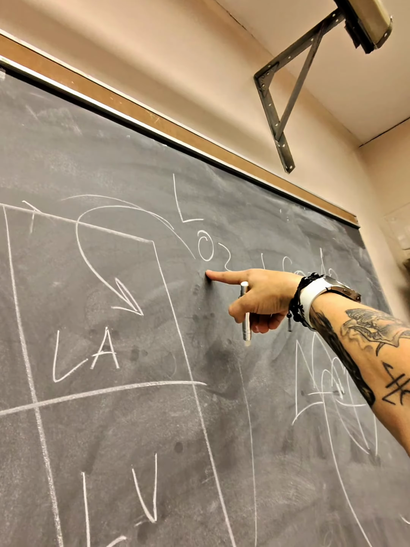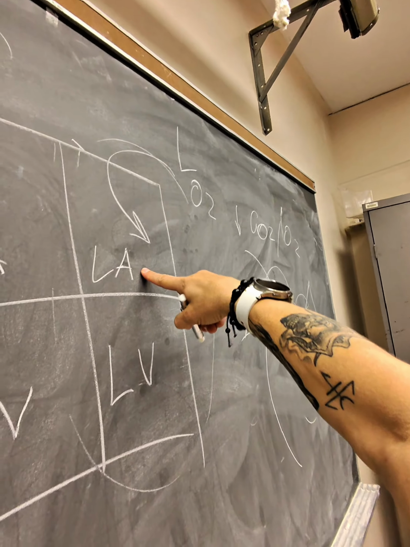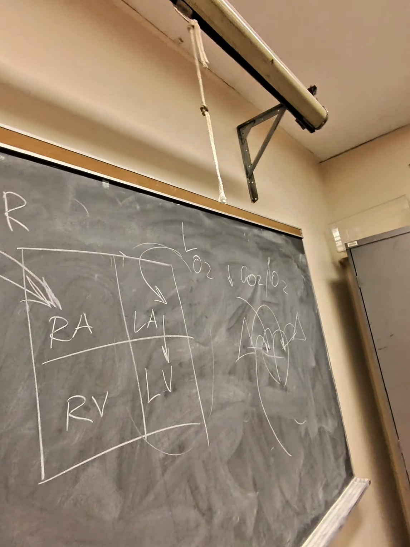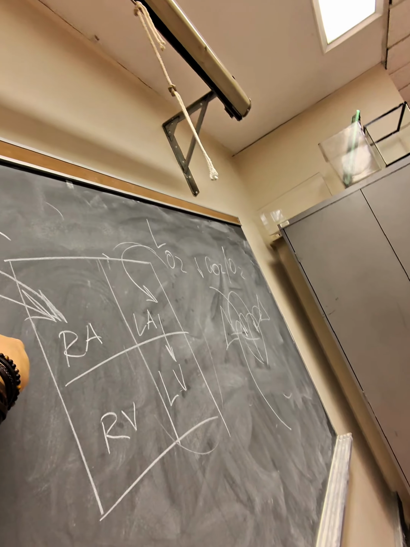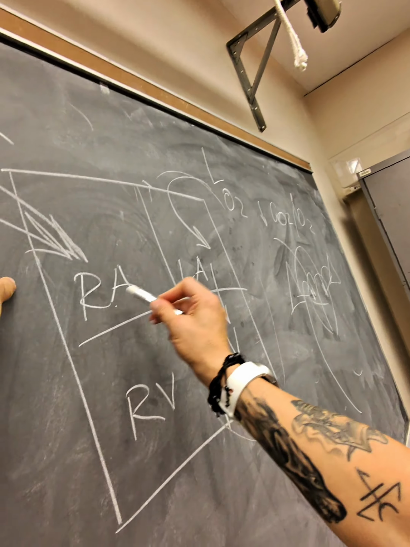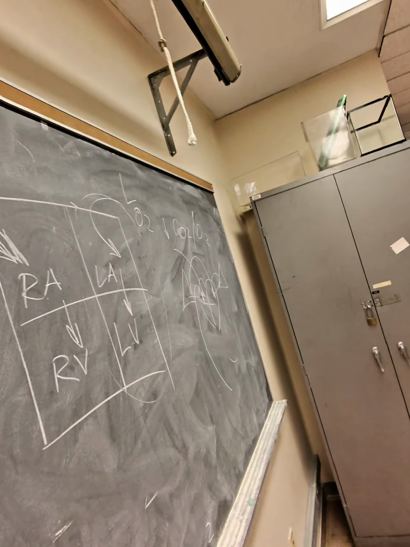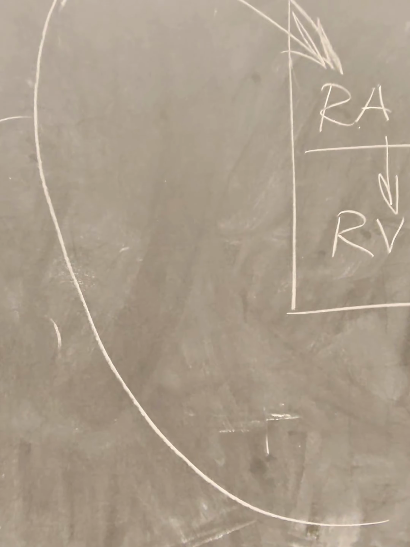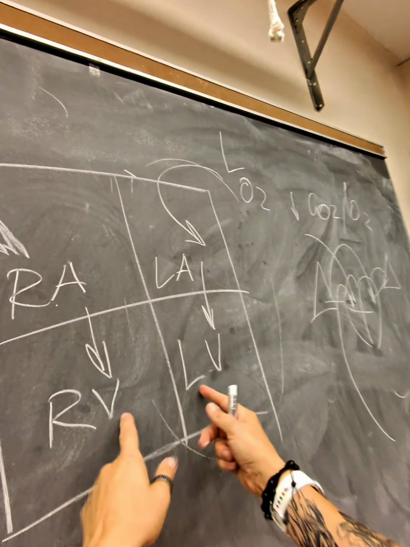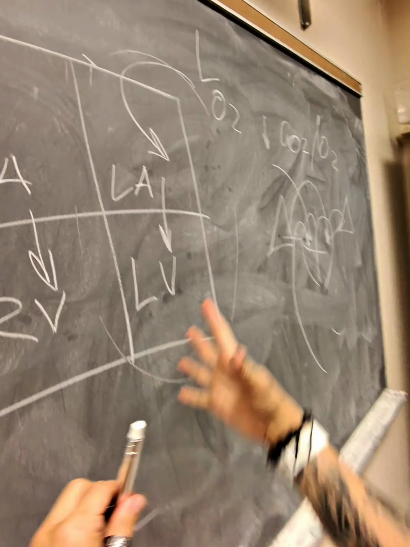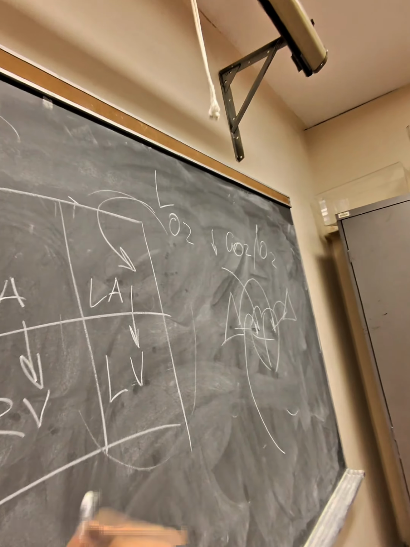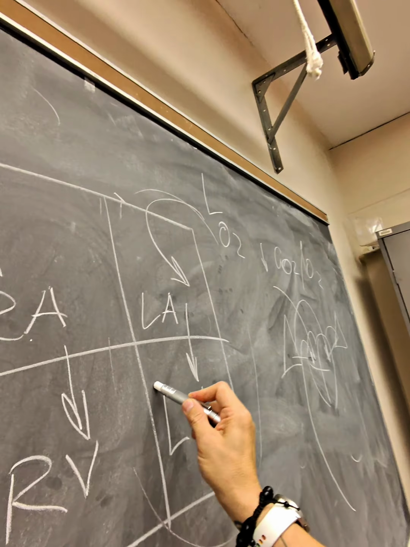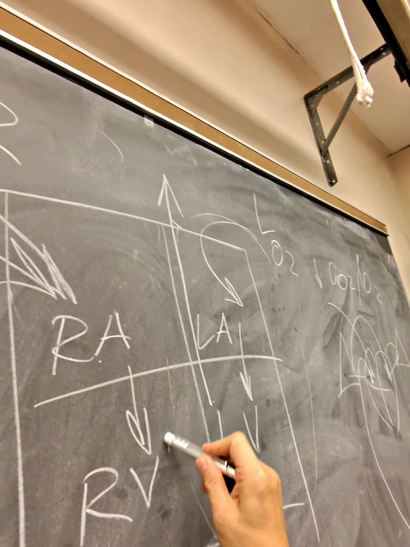The blood from both lungs ends up in the left atrium, then it passes into the left ventricle. Same thing happens on the right side. From the right atrium, blood passes into the right ventricle simultaneously. We should bring exactly the same volume of blood. Then both ventricles must contract and eject blood, remove blood from the heart.